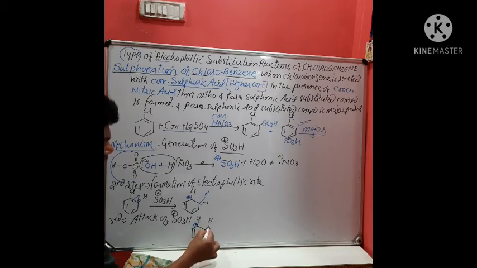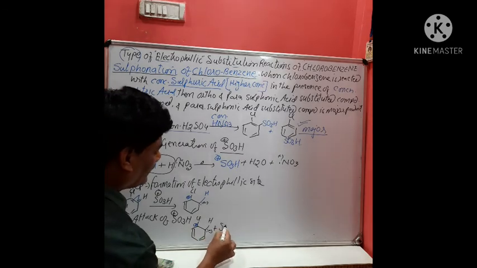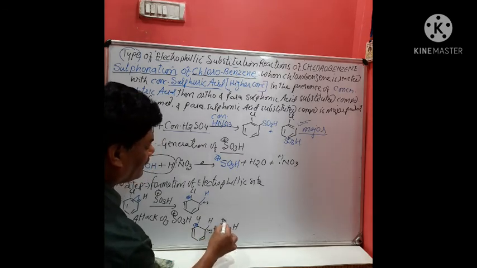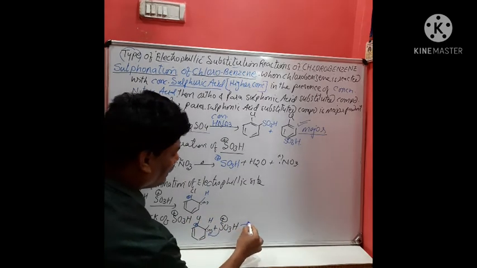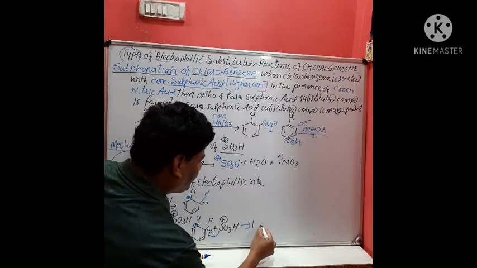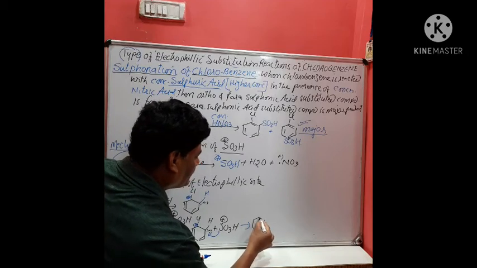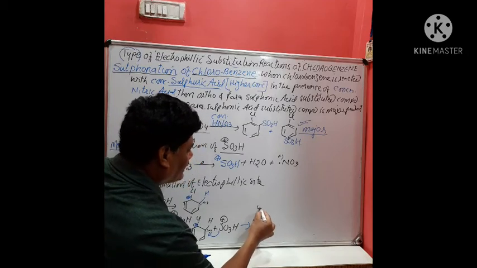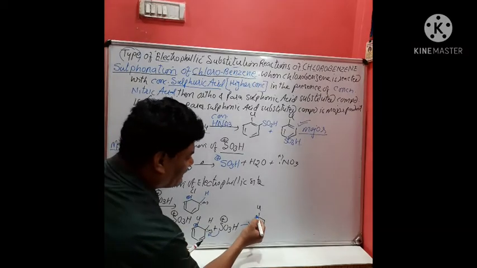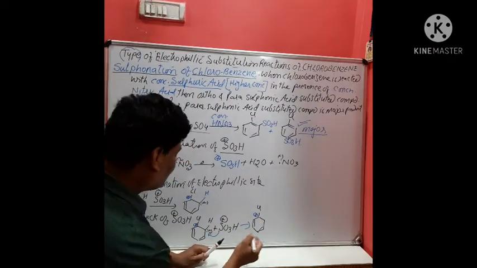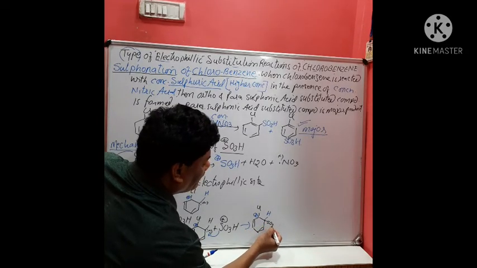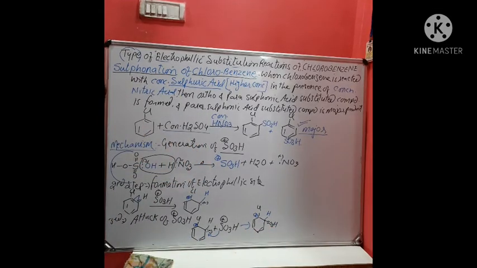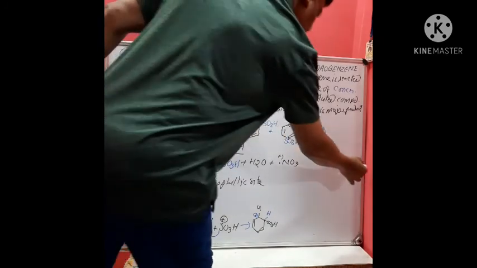This is H, and the electrophilic site, plus SO3H, that is now getting attacked on it. So now plus and minus will neutralize, forming a compound. But again in this species there is one electron deficiency. Where is the electron deficiency? It is in this carbon atom. Okay, and now this one is H, and this one is SO3H, isn't it?